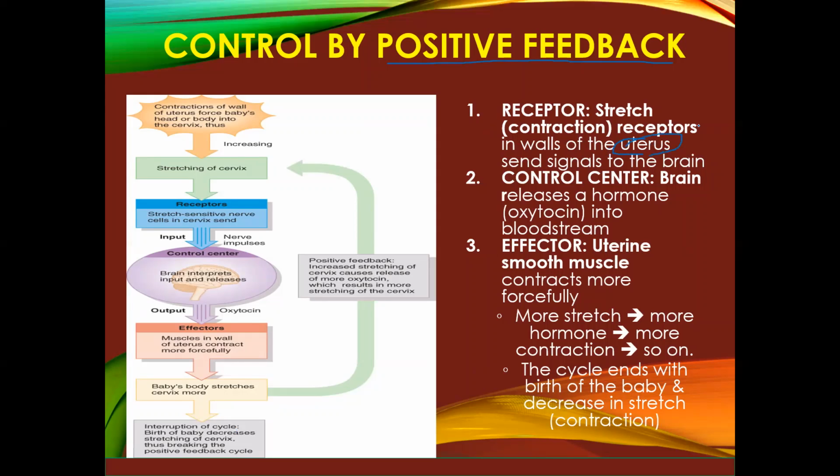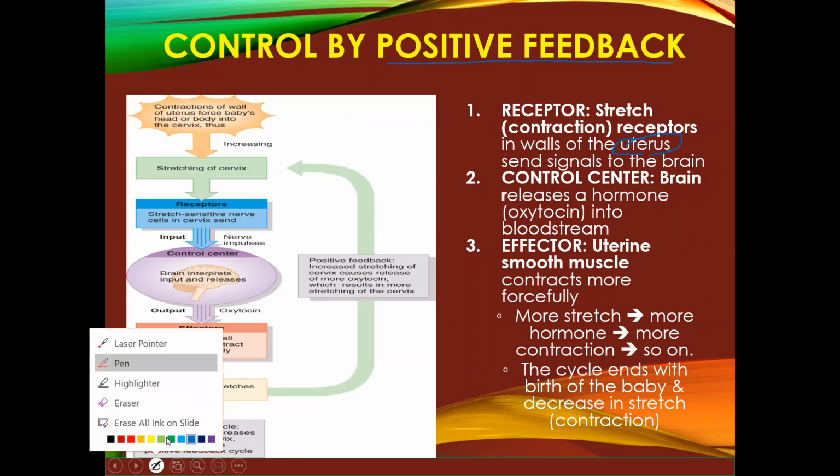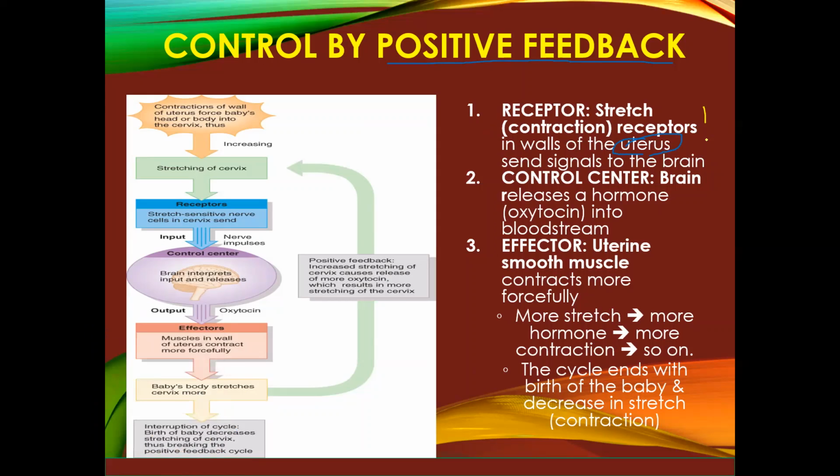Okay? So this is the stimulus, which is increased contraction. So the uterine wall contraction will be increased. And then the stimulus will go to the control center, which is the brain, and the brain will tell the hypothalamus to produce oxytocin.